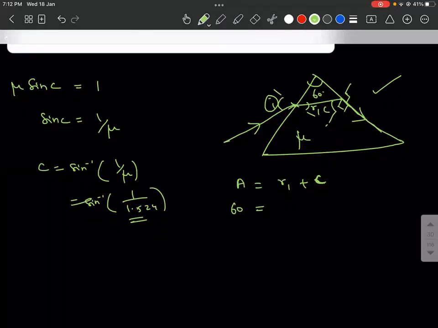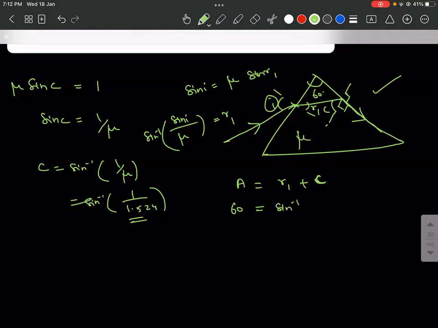So here 1 into sine I. So sine I is equal to mu into sine R1. So sine I is what we need to find. So sine I divided by mu, sine inverse of this value is R1. Am I right? Yes, sir. And 60 minus sine inverse of 1 by 1.524 is R1.